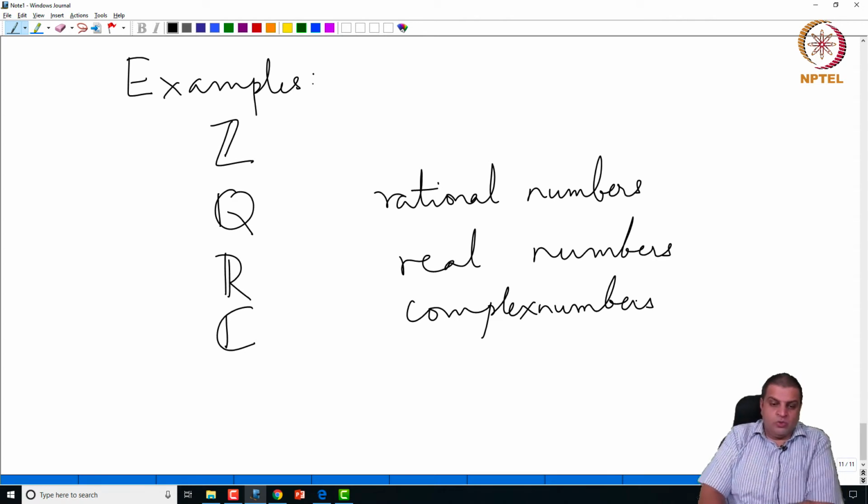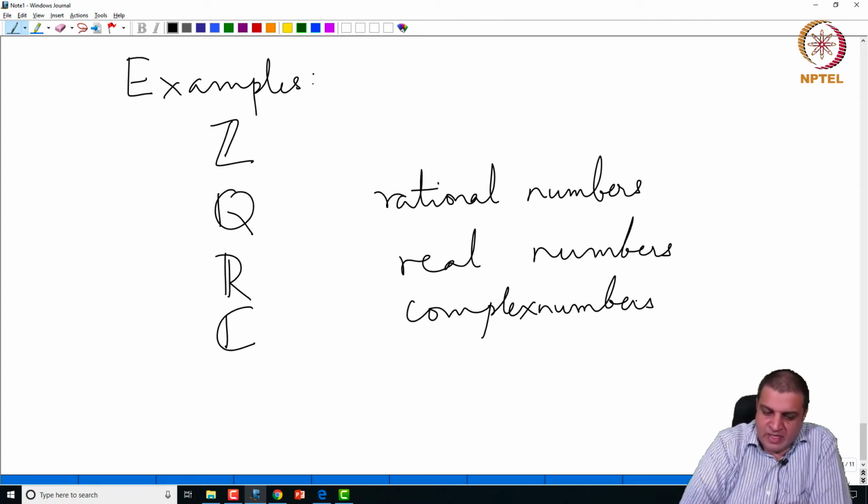These are also commutative rings, with the usual addition and multiplication operations.